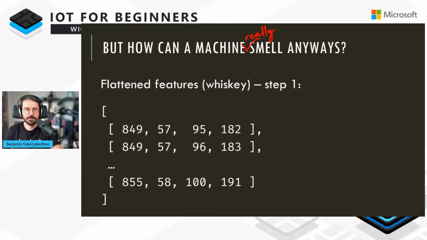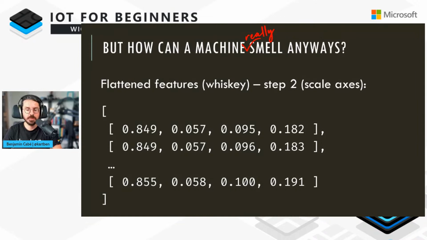And so once you've done that, another step, again being guided by the Edge Impulse environment, is making sure that you normalize the data so that whatever computations you'll do later on, and it's probably going to be computations in the form of trying to figure out the probability that such and such concentration of such and such gas corresponds to a particular smell.